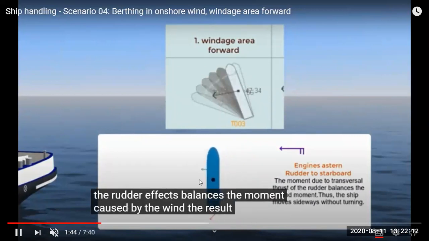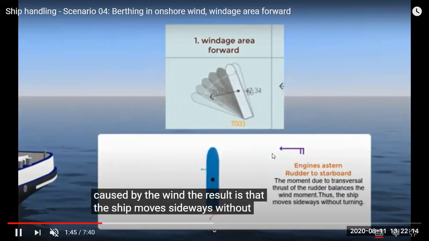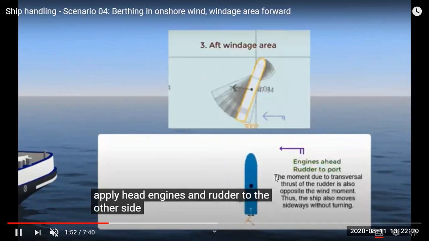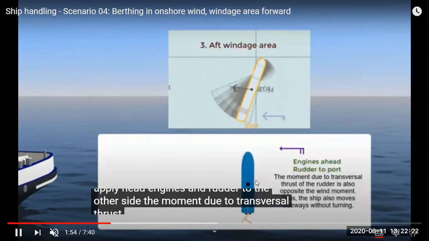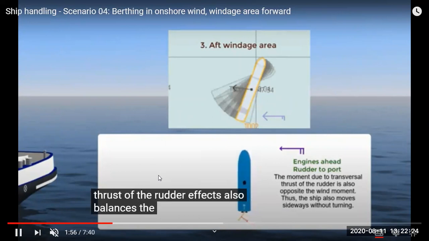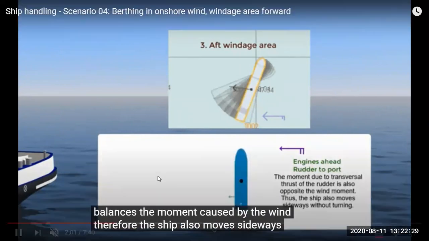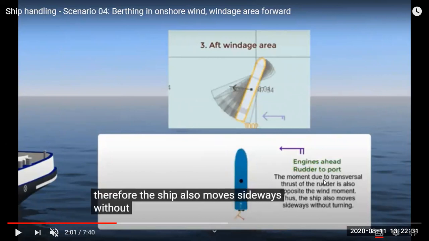So we can keep the ship a little bit away, totally stopped and on even keel, and the ship will move bodily to the jetty automatically. The movement due to the transverse thrust of the rudder is also opposite the wind movement. Thus, the ship also moves sideways without turning.